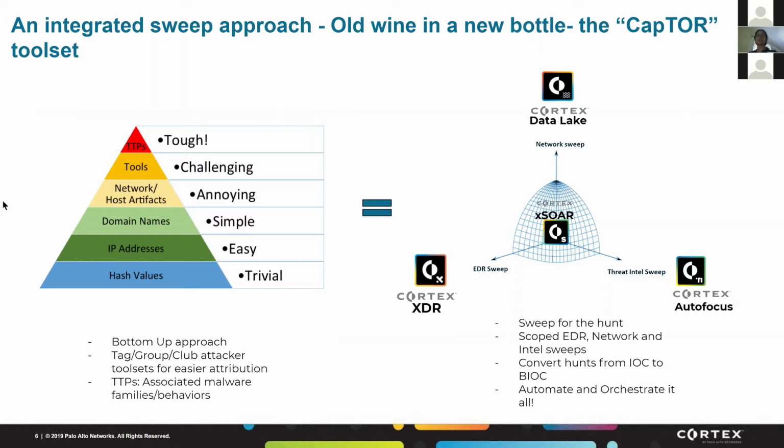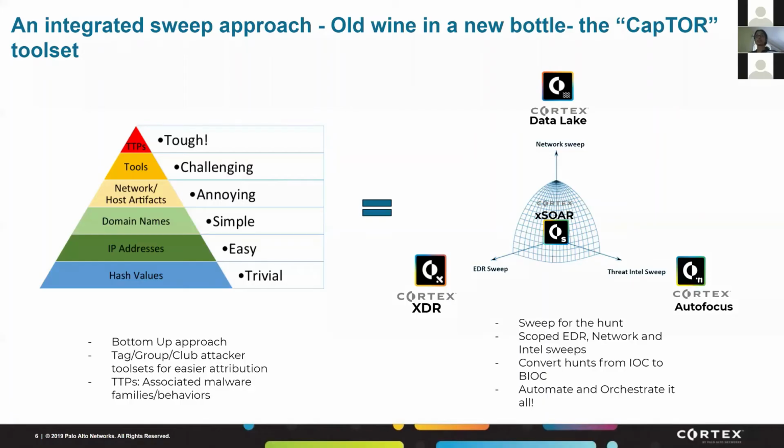As you can see, there are some very painful data sets that we deal with day in and day out, in terms of hash values, IP addresses, domains, and static artifacts that always keep changing, meaning that one day the IP would be malicious, and in another 20 to 30 days it is cleansed and can even be used for legitimate purposes. So those static artifacts are pretty annoying, but at the same time, they're not totally inessential either.